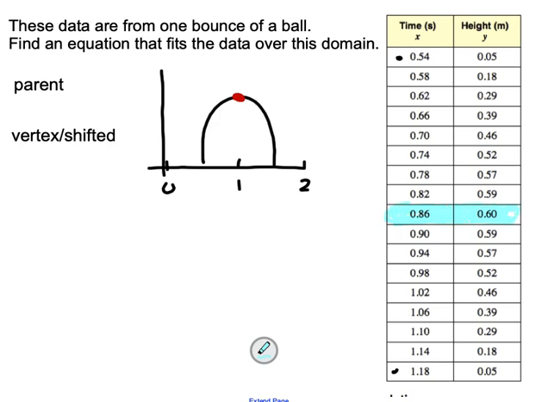I would argue it is, because this is 0.04 seconds away, and this is 0.04 seconds away, and notice how the height was the same. We're at 0.59, and then 0.04 seconds later it went to 0.6, and then 0.04 seconds later it went to 0.59 again. So there's that symmetry we're looking for. So we definitely have our vertex of 0.86 and 0.60.